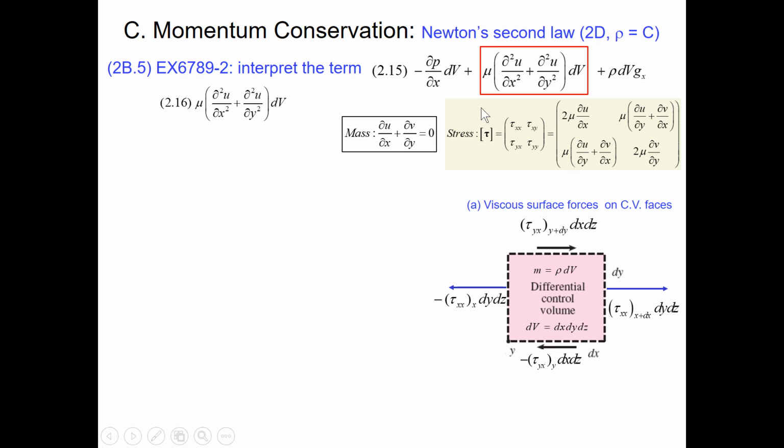First, this is a stress tensor tau equation, and this is a mass conservation equation, and this is our differential control volume with normal viscous force and shear viscous force on it.